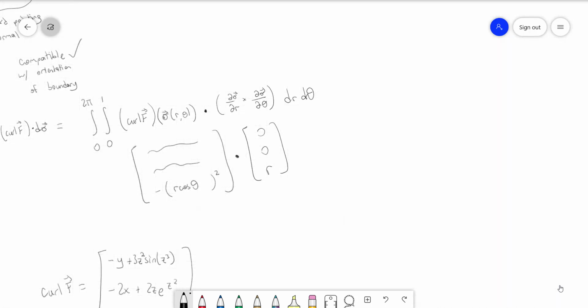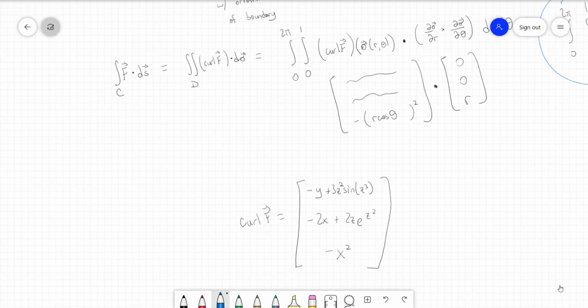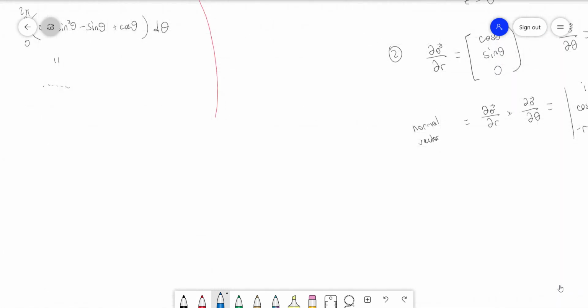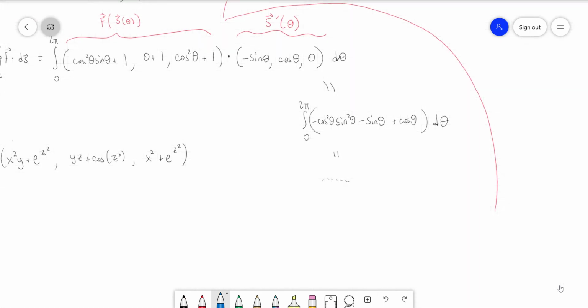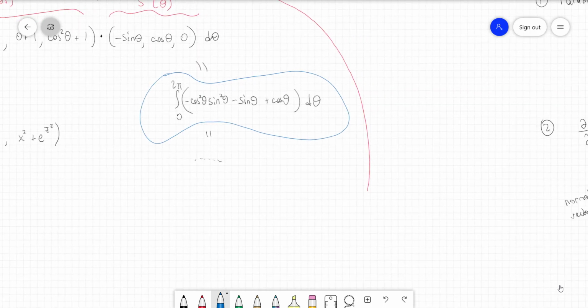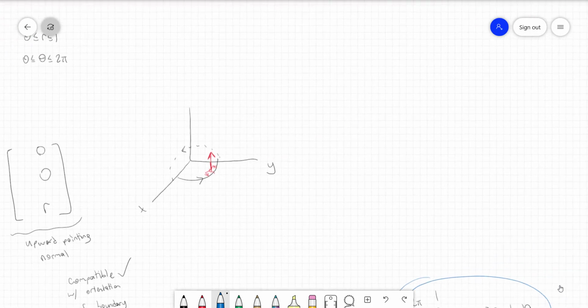So this leaves us with the double integral from 0 to 2 pi, 0 to 1. The dot product ultimately gives negative r cubed cosine squared theta dr d theta. So either evaluating this double integral or evaluating the line integral directly should give you the right answer for this problem.